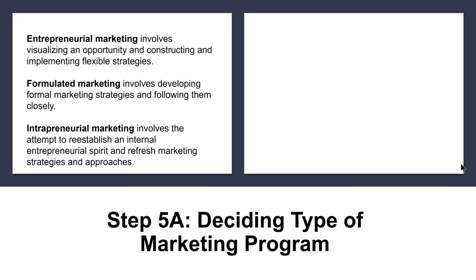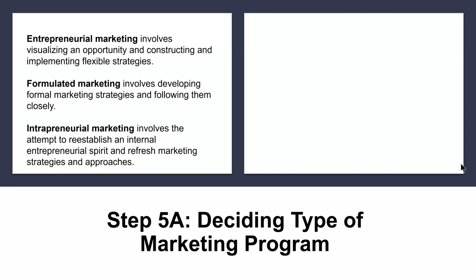There are 3 types. One is entrepreneurial, which is basically you visualize everything and you construct it, you implement it, and it's flexible. There's a formulated marketing strategy where you really develop real formal strategies, maybe even in the US, and they follow them there.